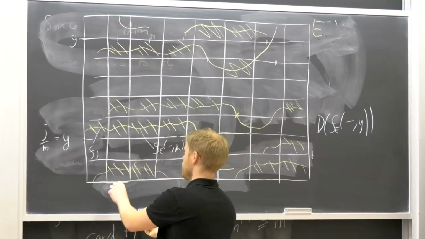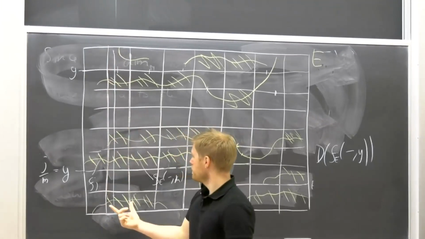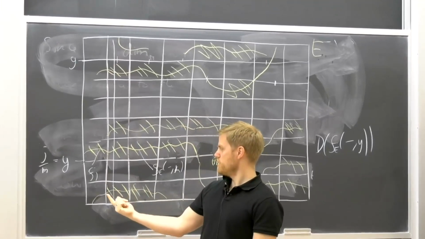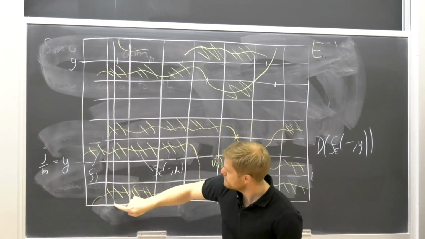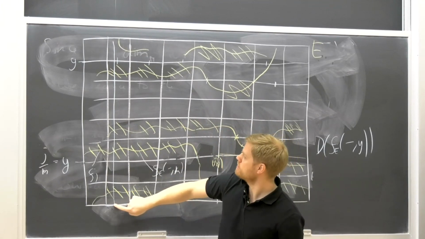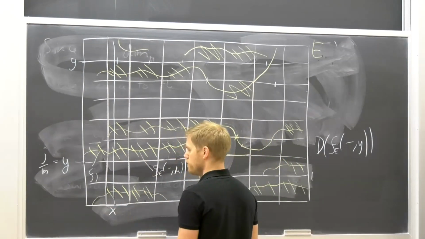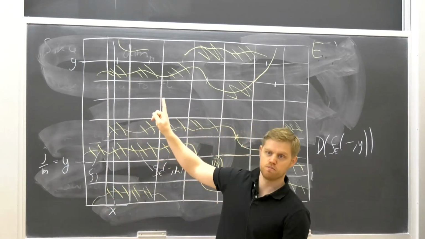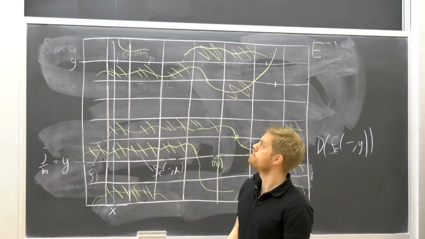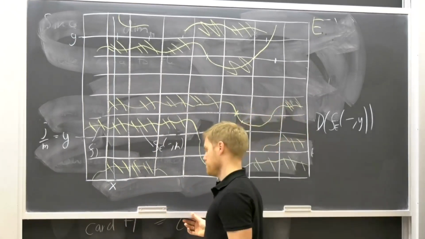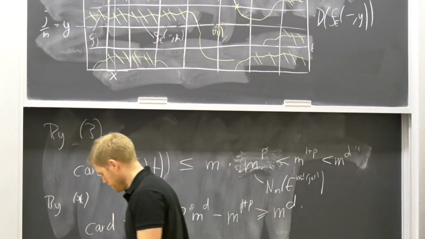Then if I take any fiber here, something like this, because in these yellow boxes this really has to be a line that never stops and never leaves the interval to the top, this fiber always has to intersect these lines. And so that means that this fiber over this X has to be large, and that's a contradiction to our assumption. But I will do the counting. So let me do the counting.